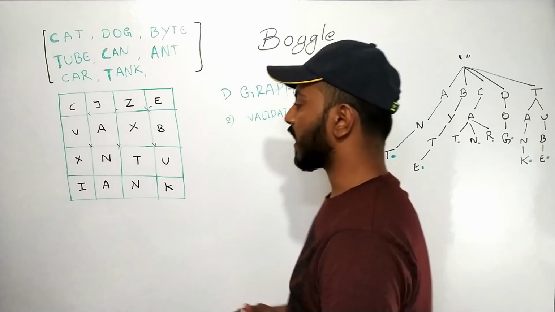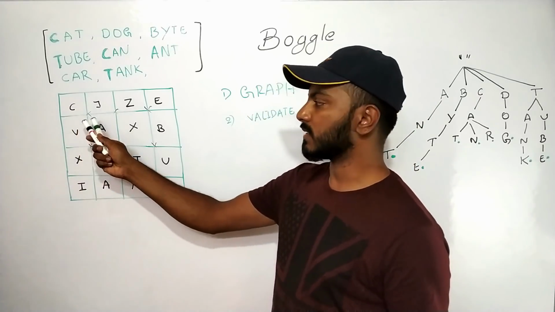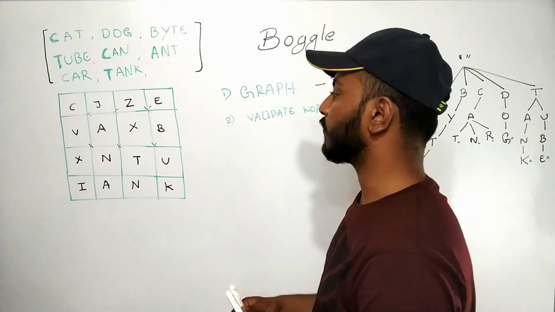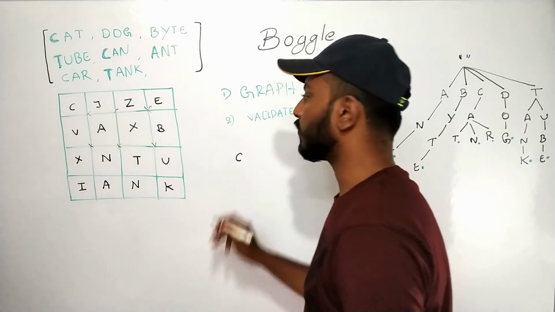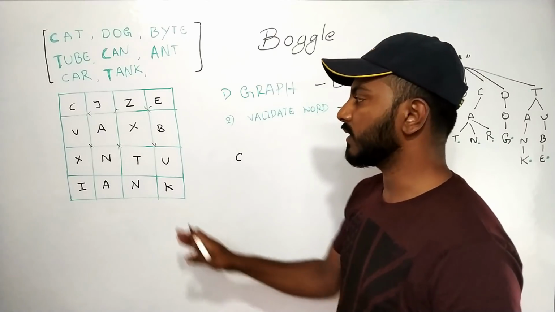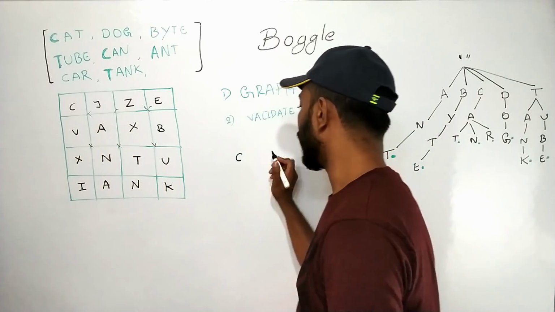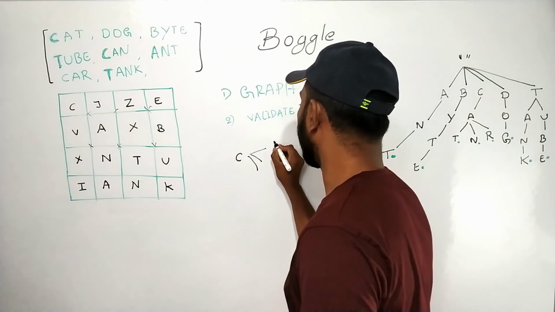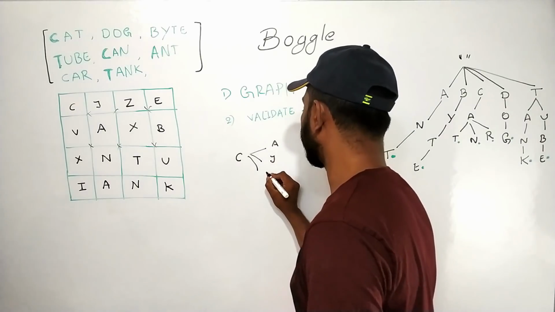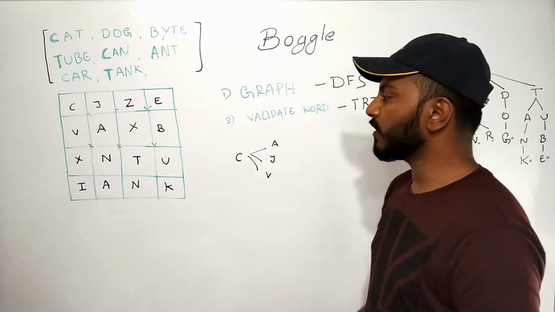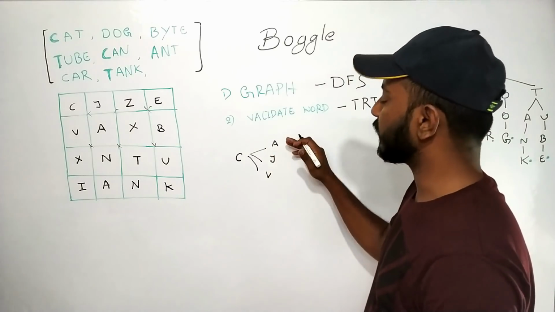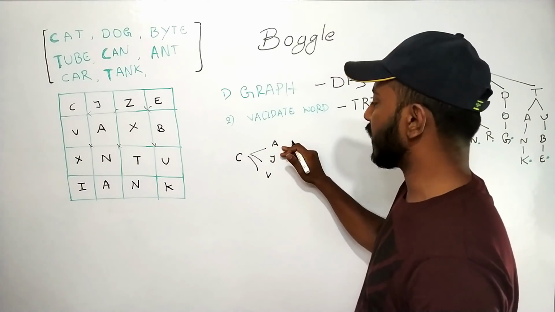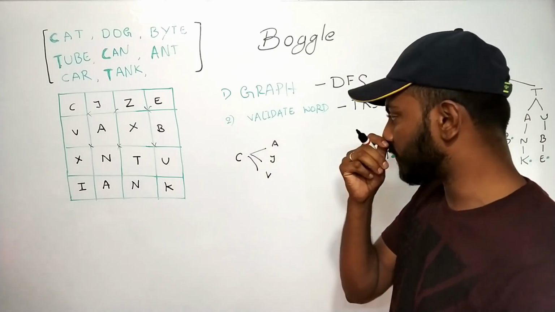Okay, let's start from the very first cell in this matrix, that is 0,0. The letter is C. Now from C we have to figure out all the neighbors available. In this case we only have three neighbors, that is A, J, and V. What you need to do in the depth first search is keep going with the first branch, or the first neighbor, and keep going as deep as possible.